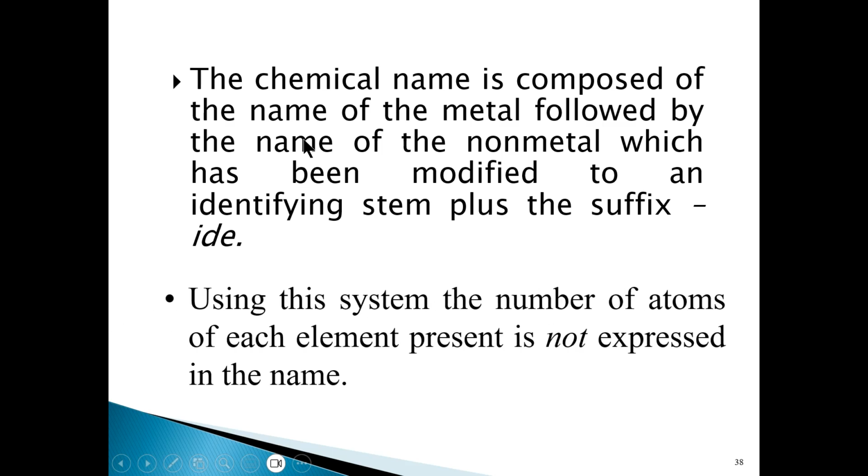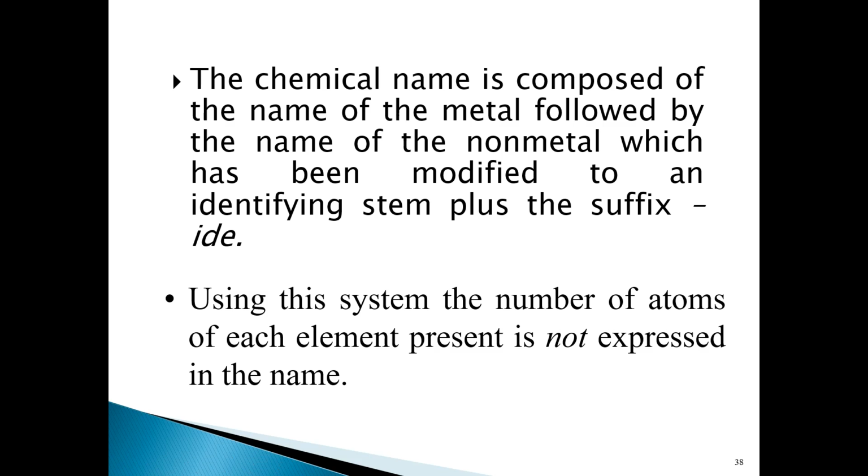So this is basically how we go about naming these compounds. We take the name of the metal first. That is what starts off the name of the compound, and then we follow that with the name of the nonmetal, which is modified to include the ending IDE, as we discussed in the previous video when it comes to naming anions.